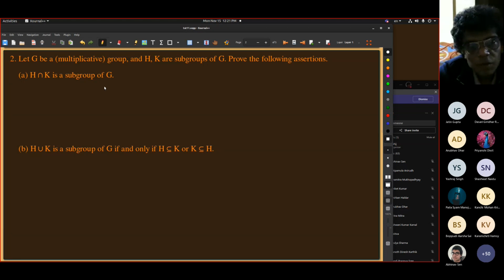So how do you proceed? What is the condition for subgroups? In fact, closure, associativity, these things all are inherited from the master group. So you don't have to check those things, but only one thing you need to check. What is that? Closure and inverse.